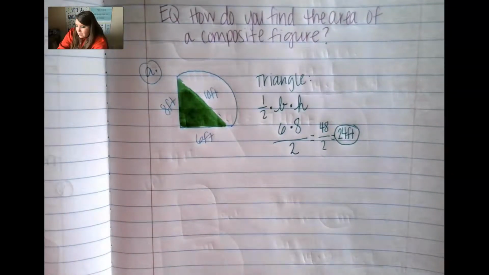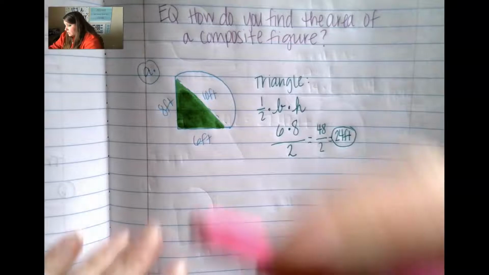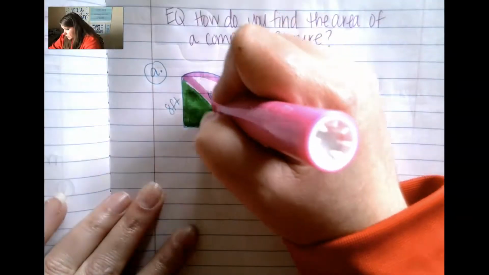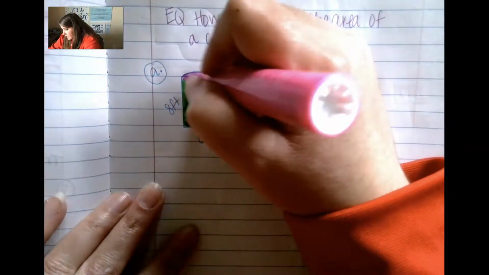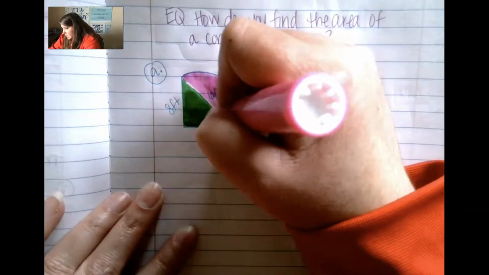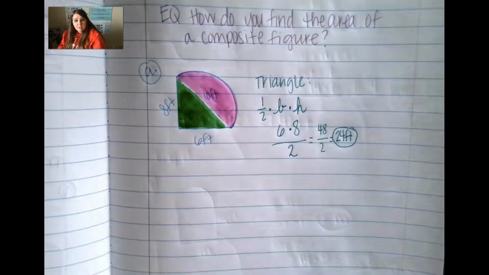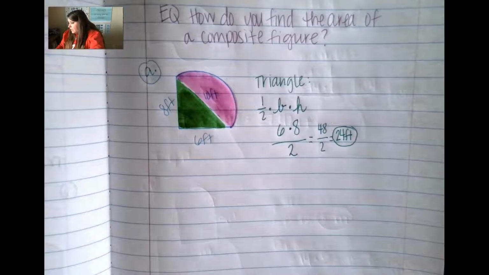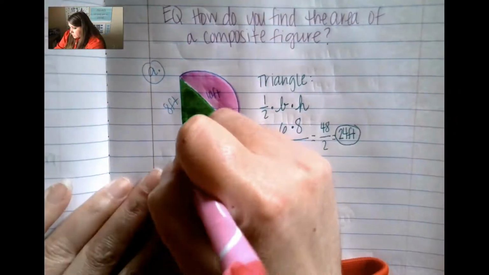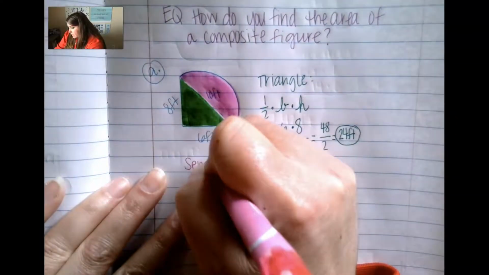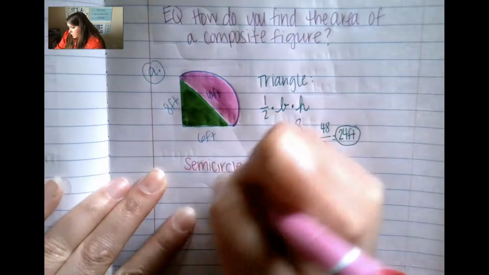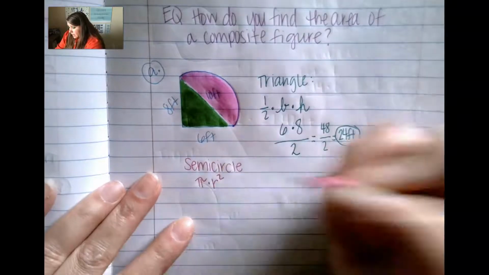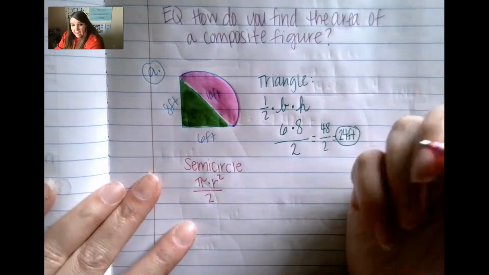But we also have the top of this shape, this semicircle piece that we need to find the area of. We're going to use the 10 feet diagonal right there in the middle to find the semicircle. To find the semicircle area, remember it's pi times r squared, and then cut it in half.